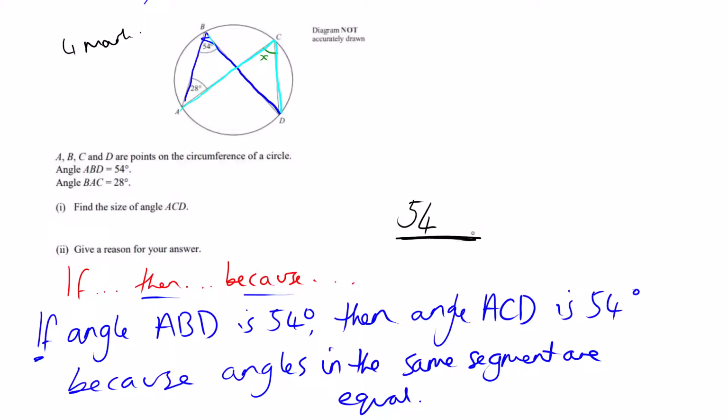So by following this if, then, because, we have been able to formulate an answer that gives full reasoning, and an examiner or marker can see exactly where you have got your information from. So you've used the fact that angle ABD is 54 degrees. You have concluded that because of this, angle ACD is 54 because of this theorem.